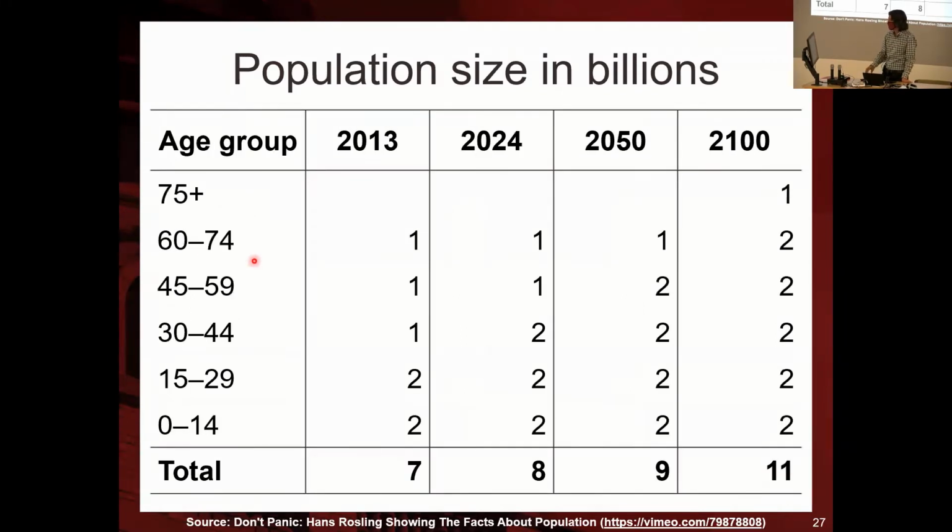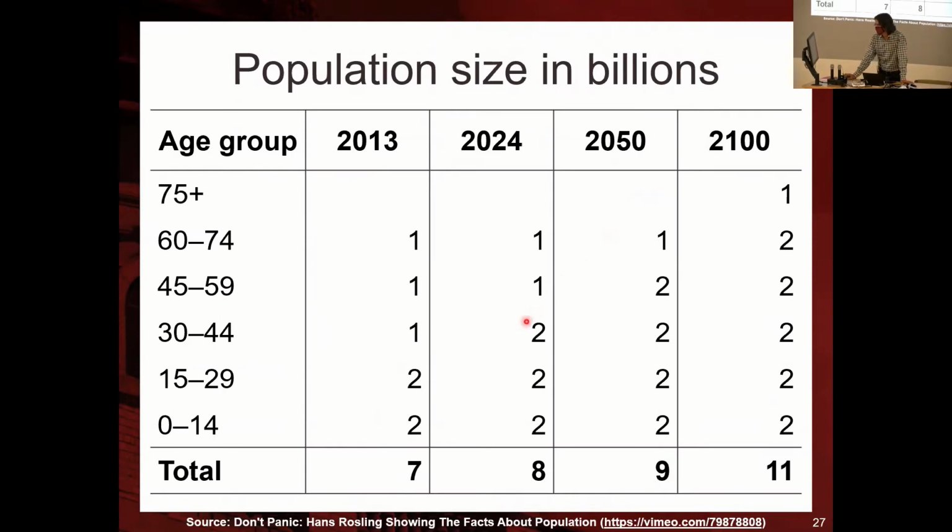And this other table also, I made it based on his talk. It's the same population size, increasing from 7, and then in between here, 8 in 2024, to 9 in 2050, and 11 in 2100, but now broken down by age groups.